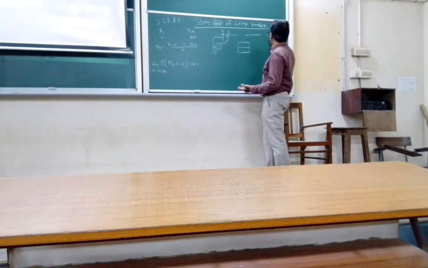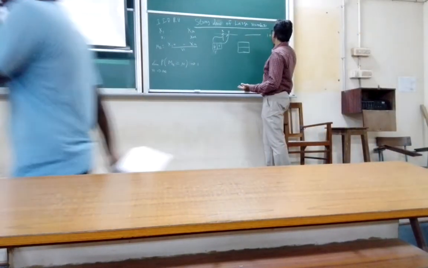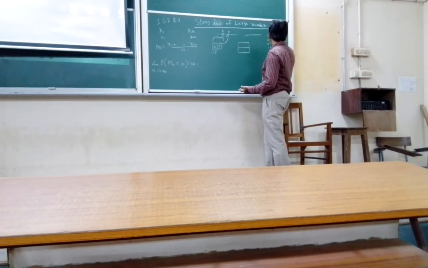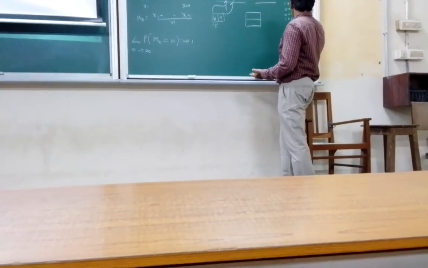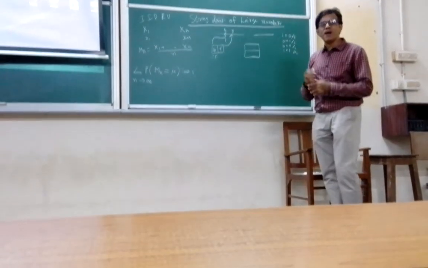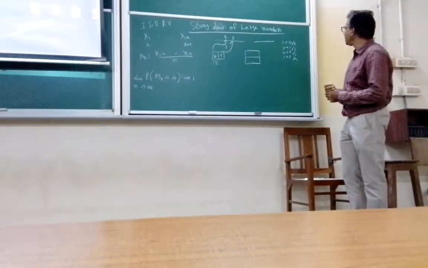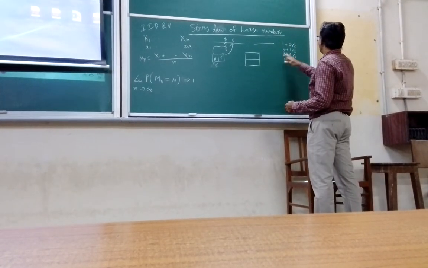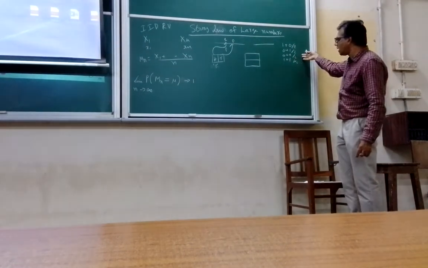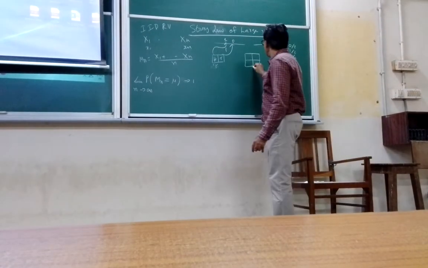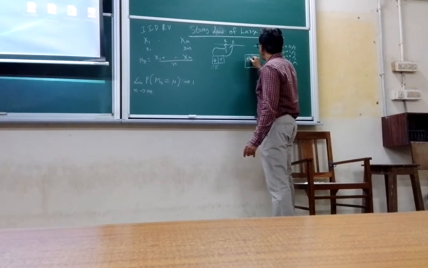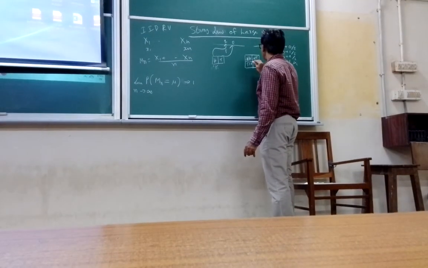So you may get 1 plus 0, or 0 plus 1, or 0 plus 0, or 1 plus 1, and then take the average. If you have a fair coin, accordingly you will get some value. So the following things can happen: head, tail, head, and then head, and so on.